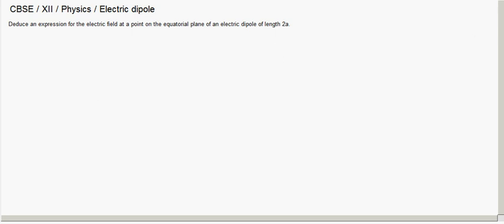How do we do this? We know what is a dipole: a pair of charges with opposite sign.